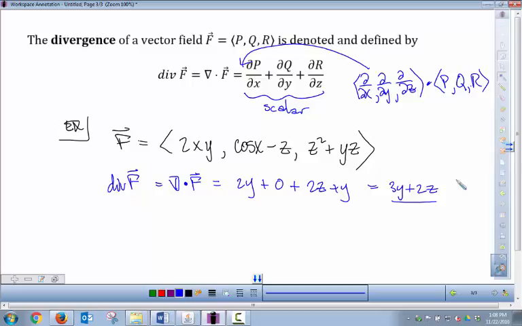So remember, a vector field is a field full of arrows, either in 2 dimensions or 3 dimensions. So what you would imagine is that if you put an object into this vector field and have it flow towards whichever way the arrow is going, it's going to measure how your object is going to expand or contract.